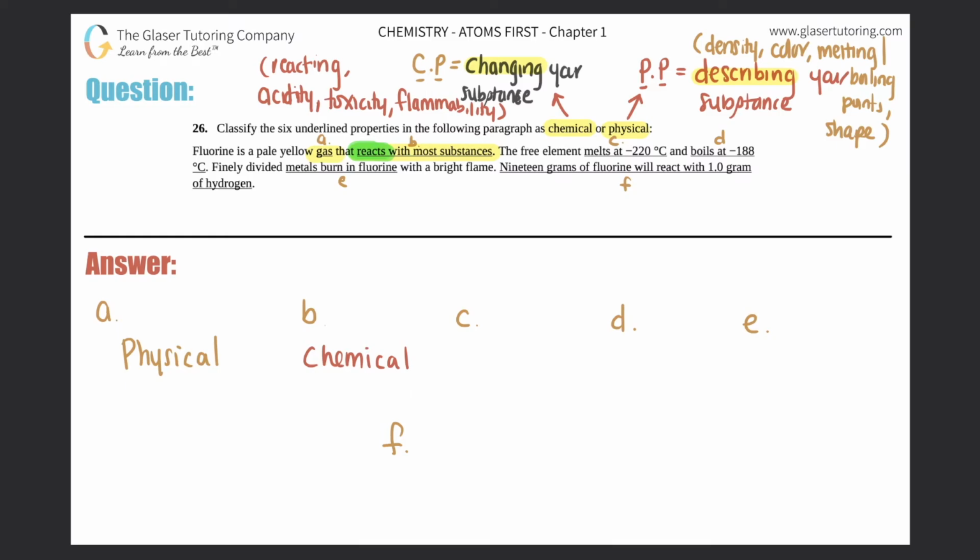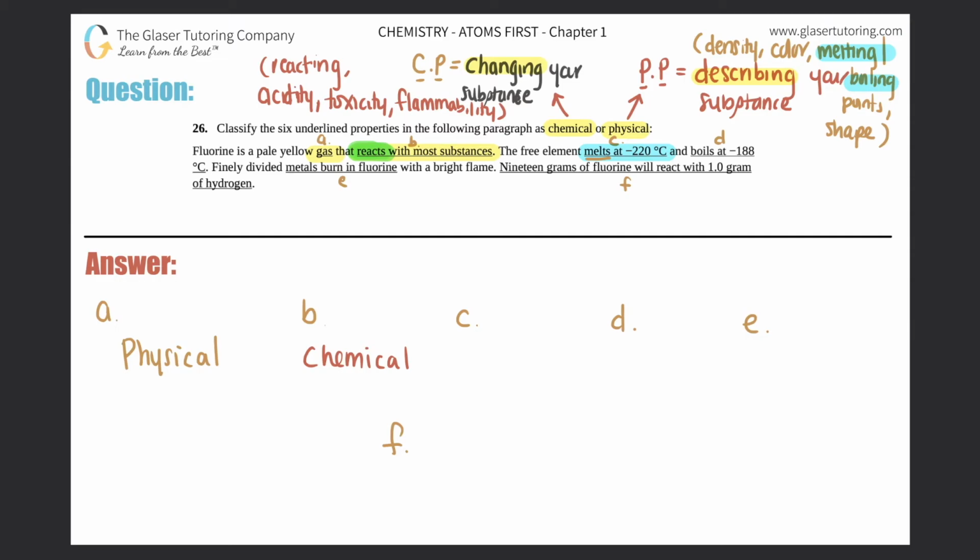Let's keep going. It says the free element melts at negative 220 degrees Celsius. Now you might get a little puzzled here because it looks like it's a reaction because it's melting, but melting points and boiling points are just describing your substance. You're just changing states. You're not changing the actual substance.